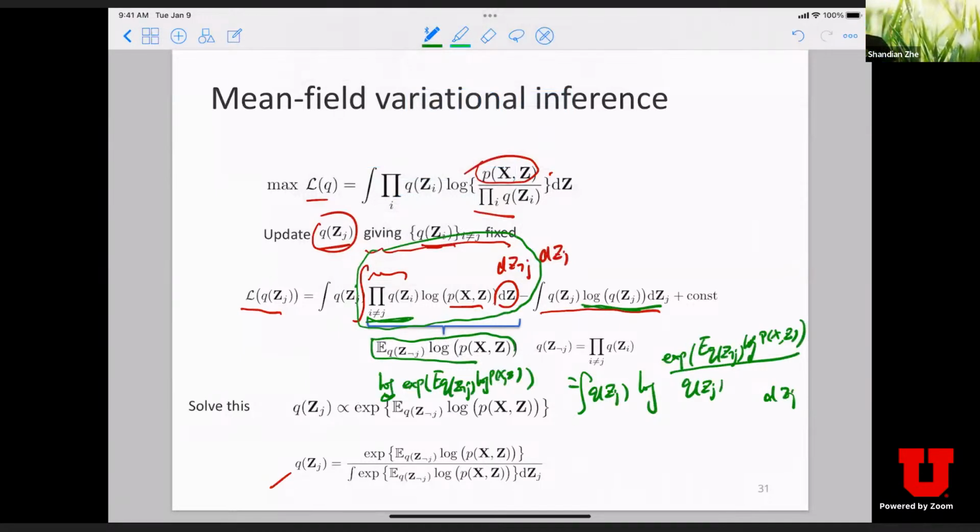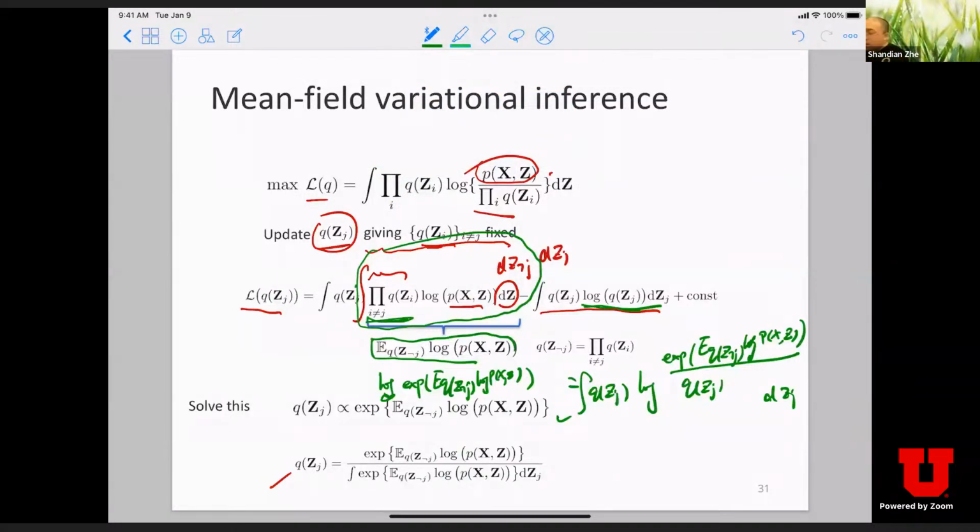So now, what does this look like? Of course, it's an expectation. But we want to connect it to some other measurement: yes, the KL divergence.